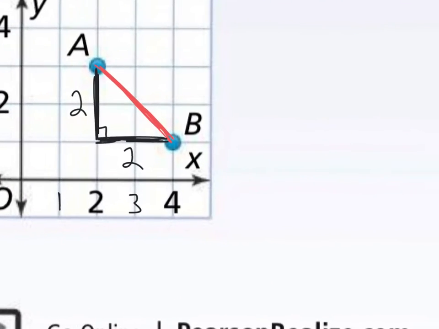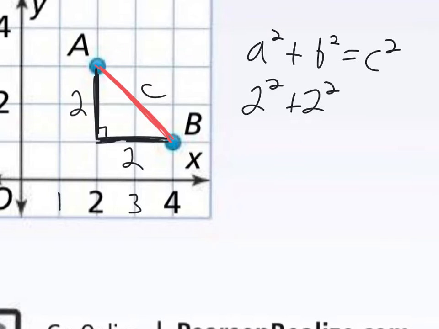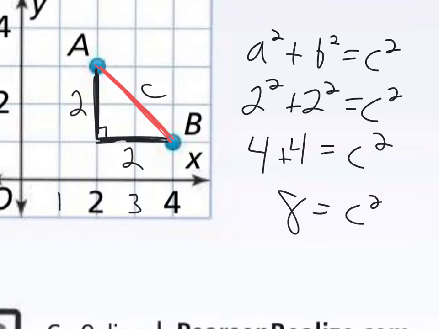And so then we can just use our Pythagorean theorem, just like we've done before. We're trying to find the hypotenuse. So 2 squared is 4, 2 squared is 4, 4 plus 4 is 8. Then we need to take the square root. It can't be negative.